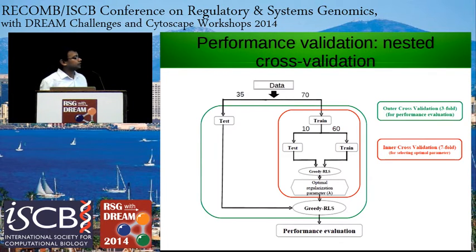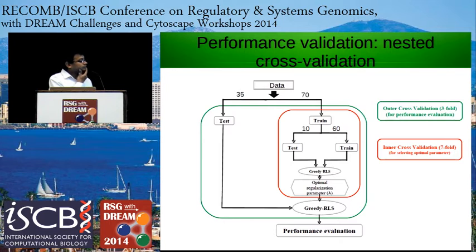In order to select the regularization parameter, which is a very crucial one, and in order to get a proper estimate of our performance, we use a nested cross-validation. In the outer cross-validation loop, we split the data into 3 folds, and then in the inner cross-validation, we again split the 70 samples into 7 folds.